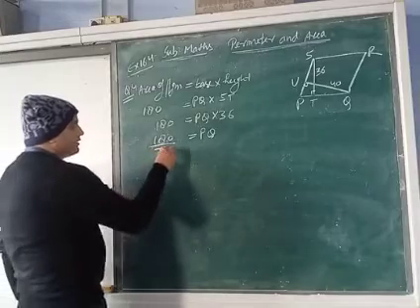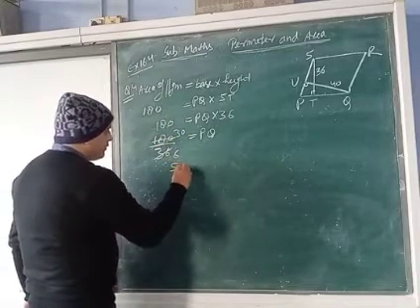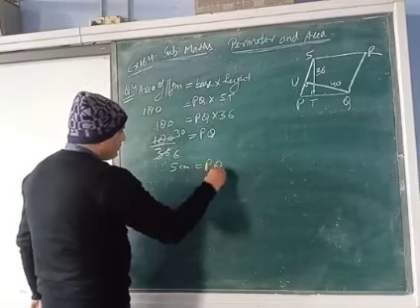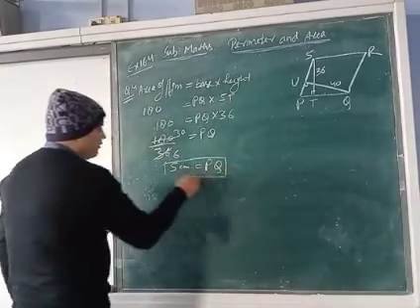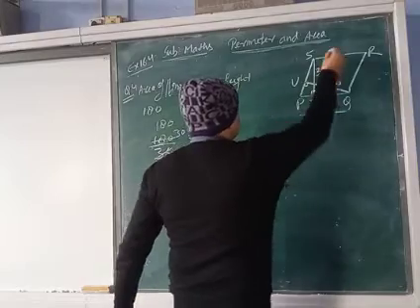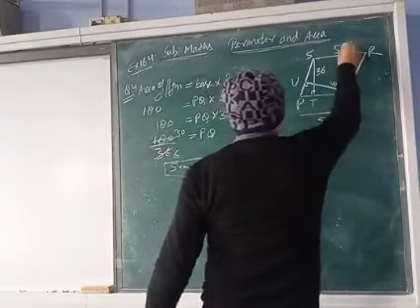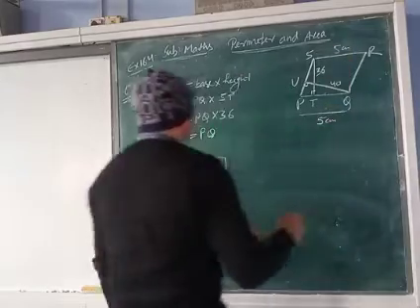Cut it: 6 6s are 36, 6 3s are 18, 6 5s are 30. That is PQ, 5 centimeters. See, if PQ is 5, then the opposite side is also 5 centimeters. Why? Because in a parallelogram opposite sides are equal.